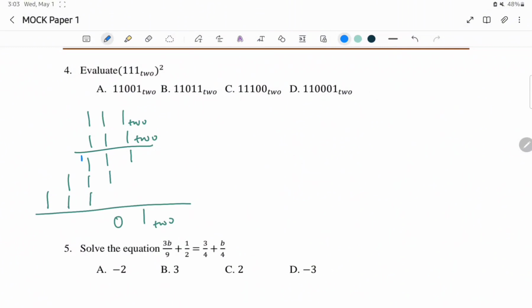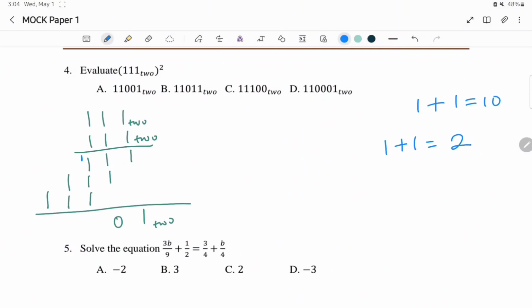Now, if the concept of 1 plus 1 in base 2 being 10 is not clear, we can actually use the basic principle of addition in any number system. That is, in any number system, when you add 2 or more numbers together and that answer exceeds the number base you are working with, for example, we're working with base 2, so 1 plus 1 originally is 2, right?